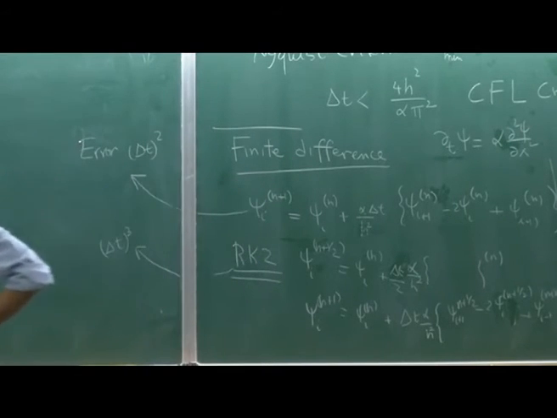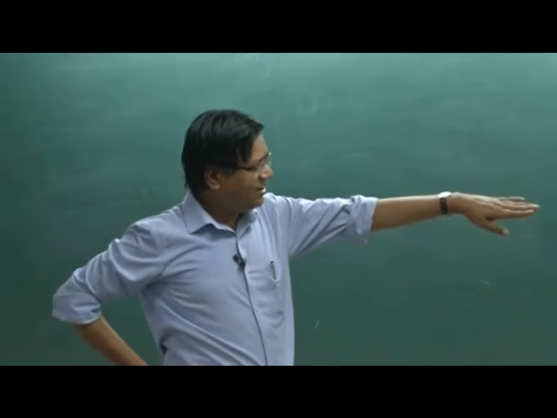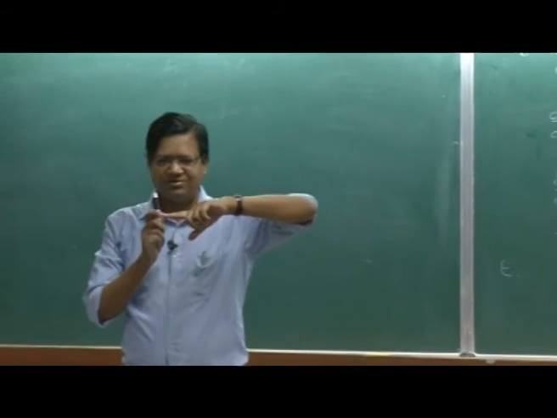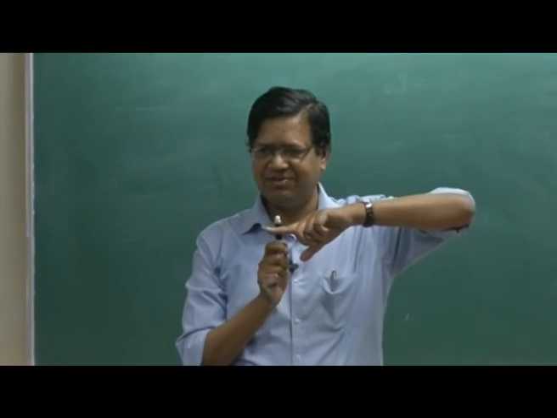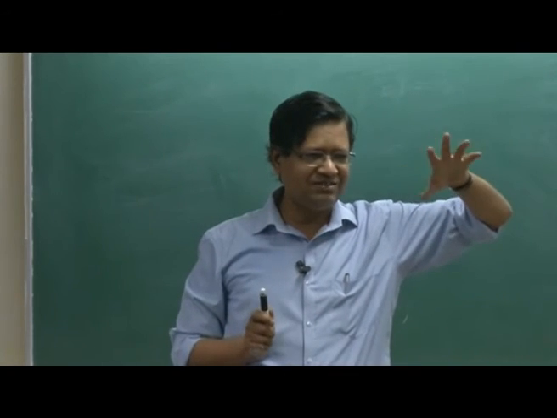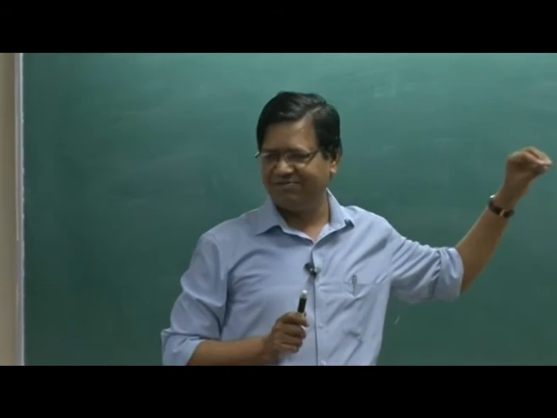So this is what we did before. So for the Euler scheme, the error is delta t squared, and Runge-Kutta is second order accurate, so the error is delta t cubed. Here the equation was a diffusion equation. We needed to worry about stability as well as accuracy. Stability is critical. So what we studied for ODEs, we need to worry about it for PDEs as well.